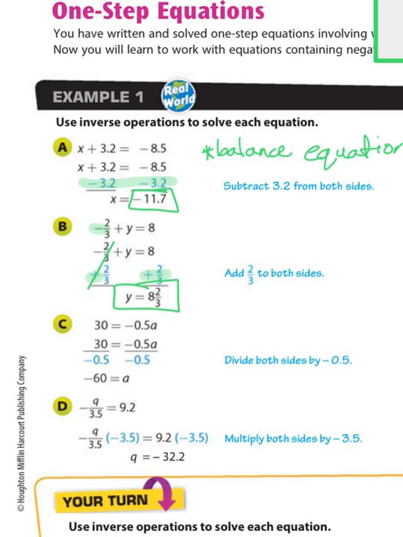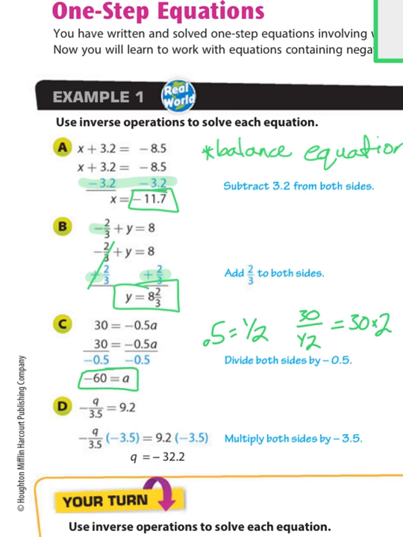This is one you could enter in your calculator, or I know 0.5 equals 1/2, and I know when I divide 30 by 1/2, it's the same thing as multiplying 30 times 2. So when we divide by 1/2, it's the same thing as multiplying by 2, which I know is 60, and because that was negative, we have negative 60 equals a.